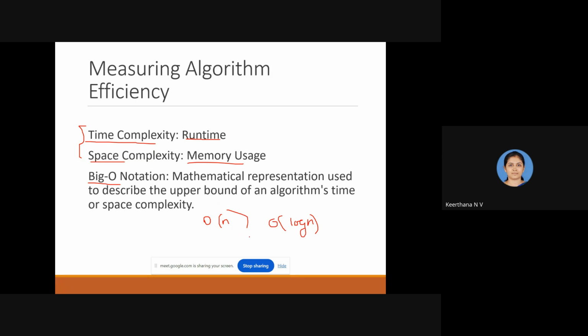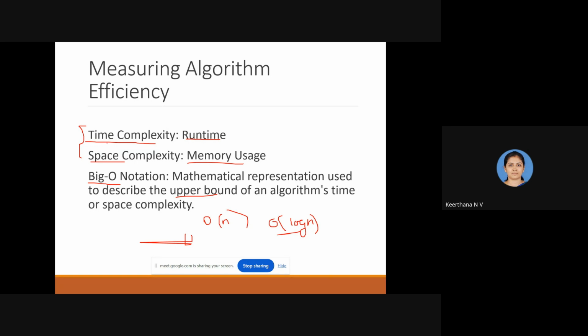This will have two types: upper bound and lower bound. Upper bound means the starting point of an algorithm, and lower bound means the ending point of an algorithm. In between, how much space or time it is consuming will be represented as time complexity and space complexity.